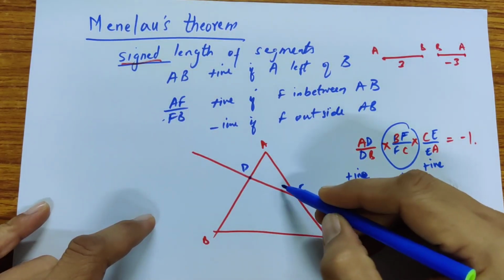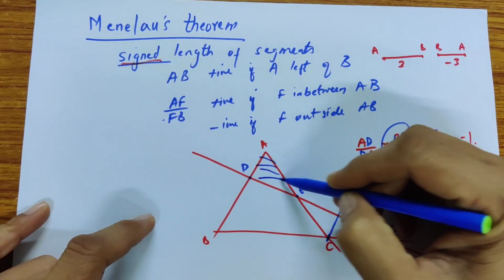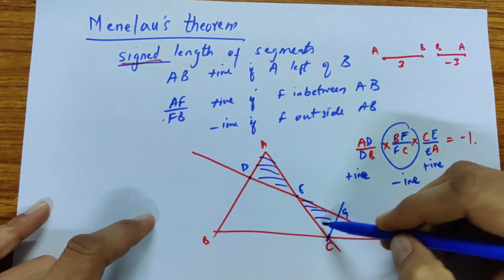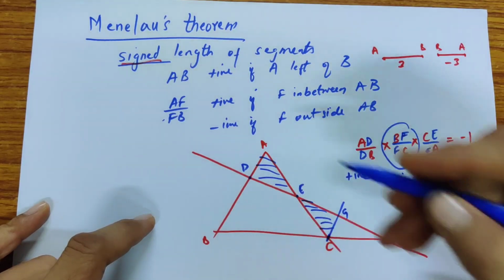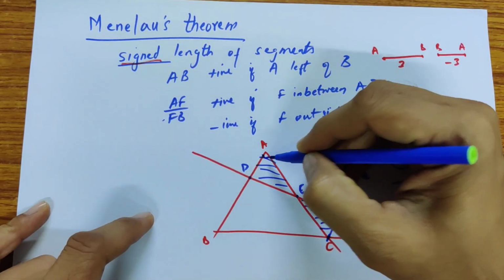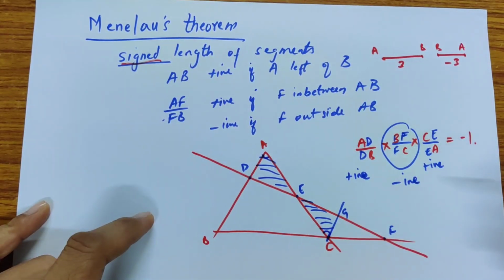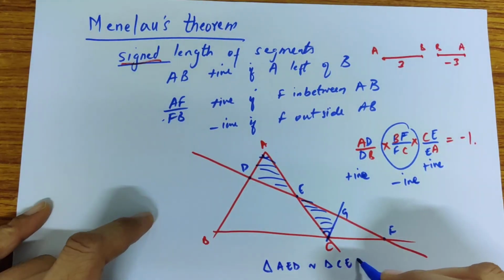For example, these 2 triangles are similar because these 2 are parallel lines and this angle is equal to this angle. So I'll have triangle AED similar to triangle CEG.